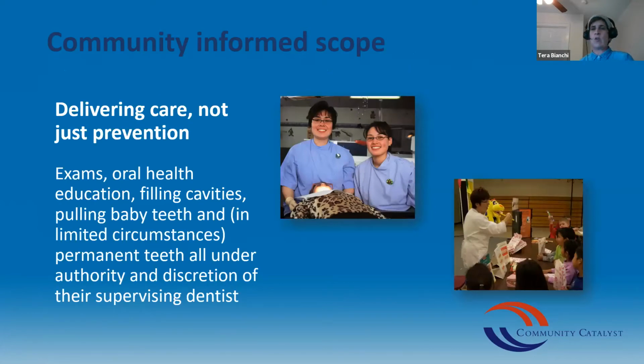The community-informed scope was very responsive to what the folks, when the program first came to Alaska, were looking at: there was a need to have practitioners. What they were finding is they had community coordinators, community connectors, and that was okay. But when folks are dealing with the complexity of issues that we talked about a little bit earlier, it can be very difficult to have folks come back for subsequent visits.